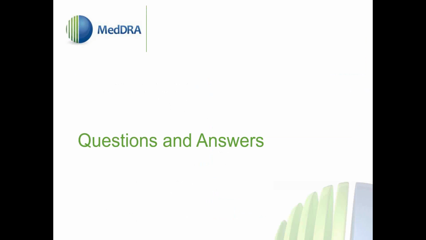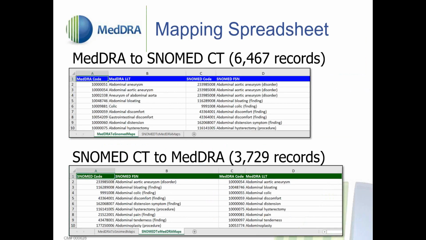The next question, how many LLTs and FSNs are there in the map? Yeah, absolutely. So I'm going to jump back to that slide. Give me 1 second. All right. So in the MedDRA to SNOMED CT direction, there are 6,467 LLTs and FSN kind of relationships, if you will.